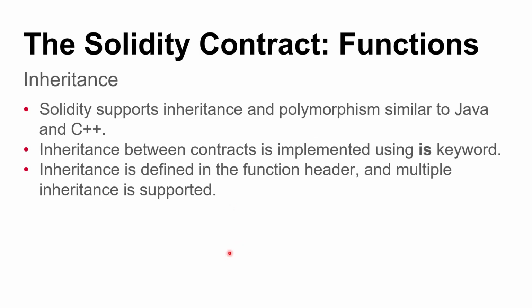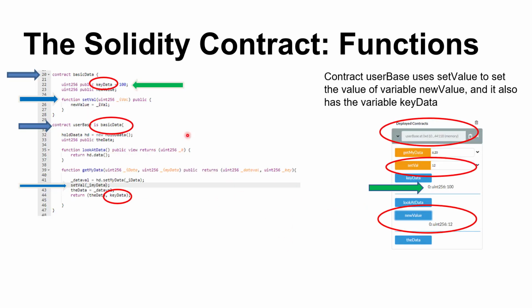Inheritance. Similar to C++, similar to Java, Solidity supports inheritance. And inheritance between contracts is implemented by the is keyword. So inheritance is defined in the function header, and multiple inheritance is supported. So we can see here, if we look closely, user base is basic data.